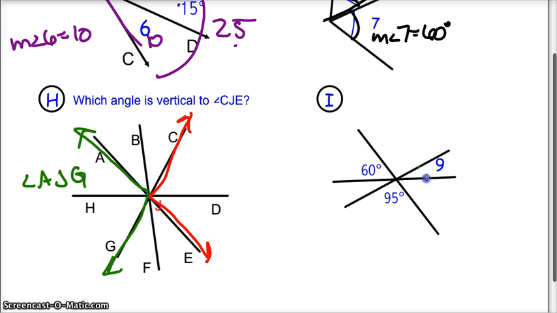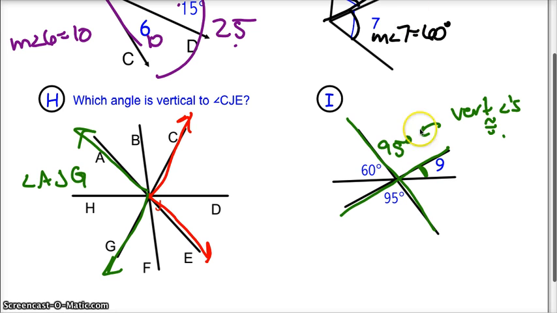Looking at letter I, there's going to be two steps here, and different students see different things. We need to find the measure of angle 9. What I see is vertical angles because they're formed by these two lines here. So the 95 can move up here because I know that vertical angles are congruent. Then I notice that the 60-degree angle, that 95-degree angle, and that number 9 all make a straight line, and I know that the angles on a line add up to 180 degrees.